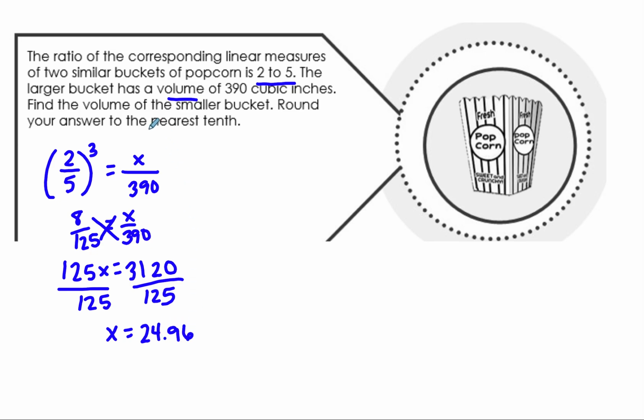Let's see, did they say to round? Yep, nearest tenth. So when I round that, I'm going to get 25.0. Because if I look at that 9, the 6 after it tells me to round this 9 to a 10. So it really becomes 25.0 or 25. Either would be fine. Inches cubed.